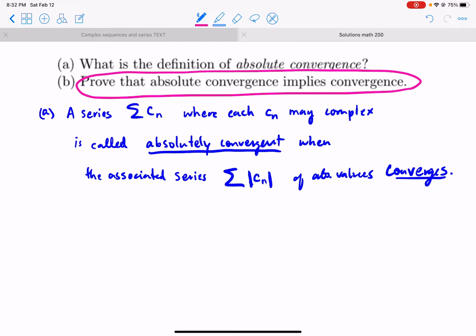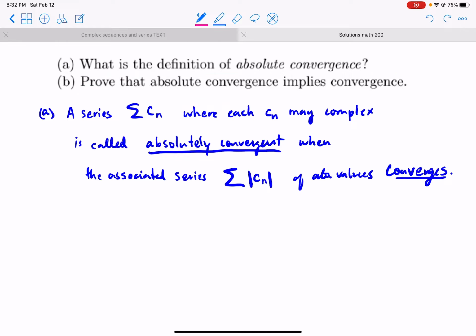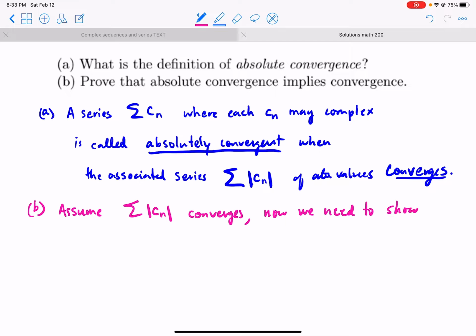Prove that absolute convergence implies convergence. Okay, so assume that the sum of the absolute values of the Cn converges. Now, we need to show that the sum of just the complex numbers themselves as a series also converges.